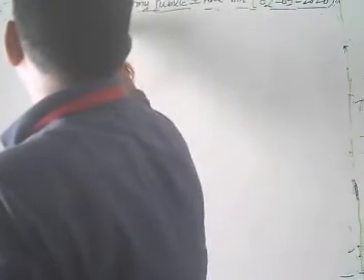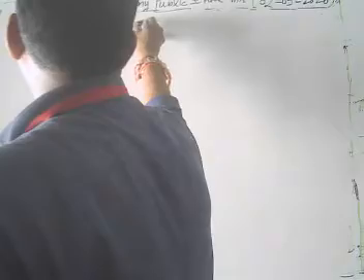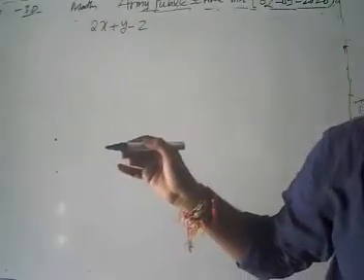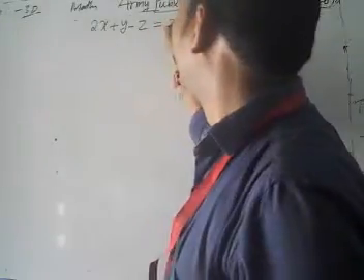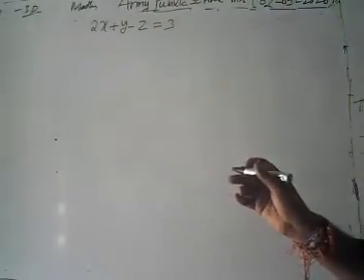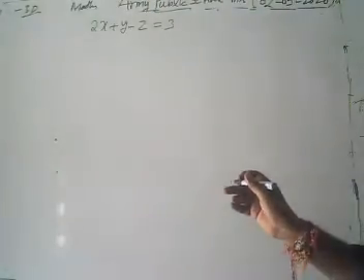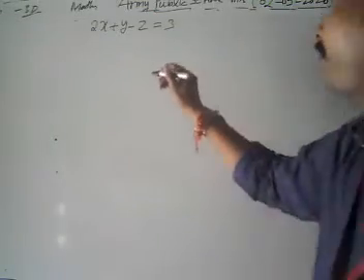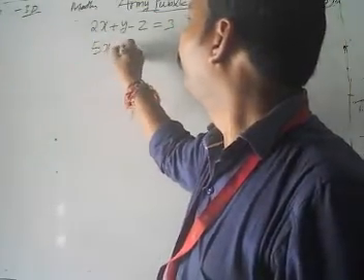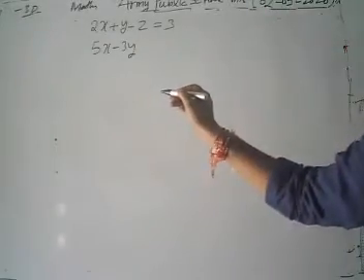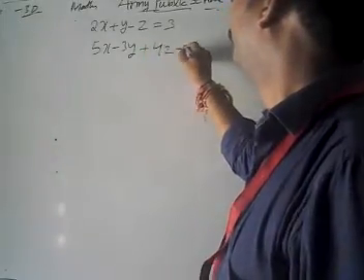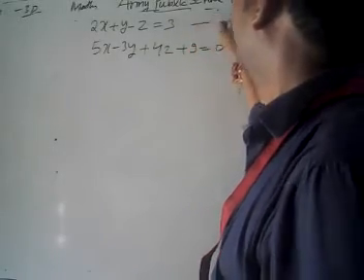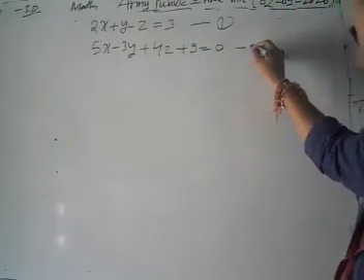The equation of the first plane is 2x plus y minus z is equal to 3, and our second equation of plane is 5x minus 3y plus 4z plus 9 equal to 0. This is our plane 1, this is our plane 2.